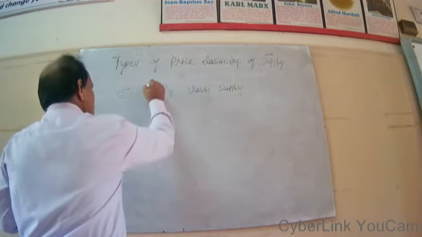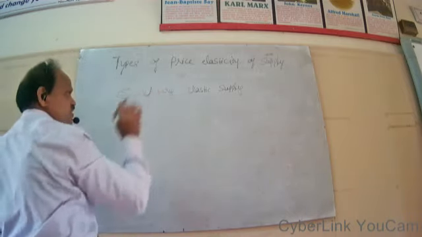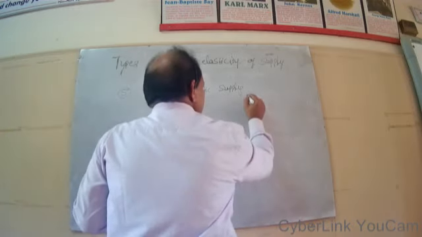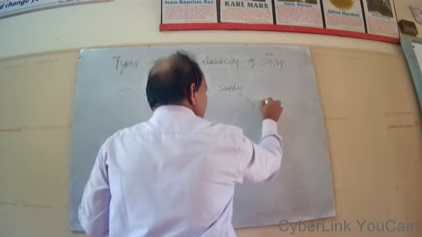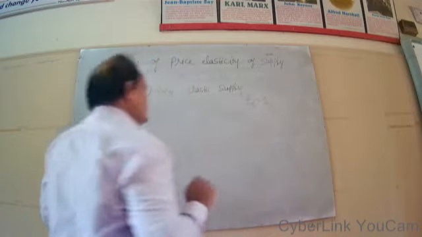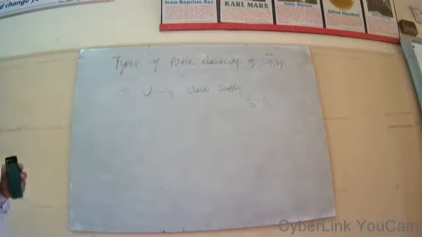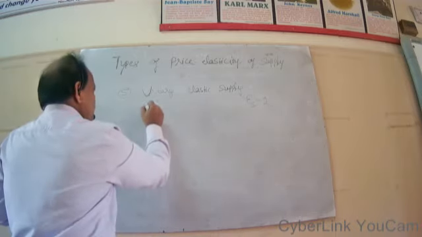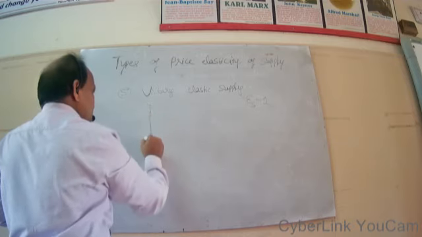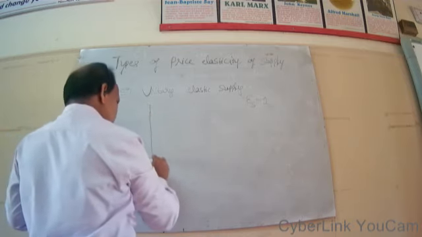So both the proportions are equal in this particular type. Therefore, always in this case, the value of price elasticity of supply will be equal to 1. Then the supply curve will be 45-degree angled.